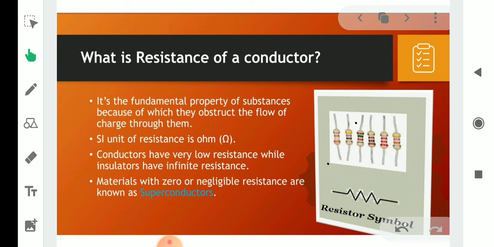So what is resistance? It is the property of a substance because of which it obstructs the flow of charge through it. You have studied about SI units. The SI unit of resistance is ohm. Next, conductors have very low resistance while insulators have infinite resistance.